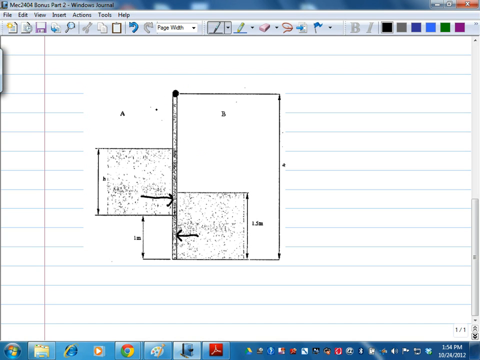After you convert the distributed force into a point force, you get a picture that looks something like this. I call this F1 at maybe y1, and I call this F2 at y2.